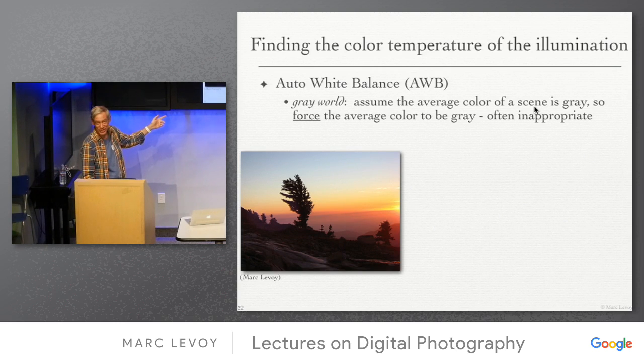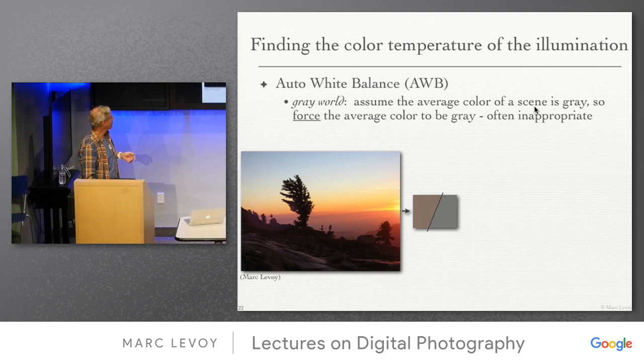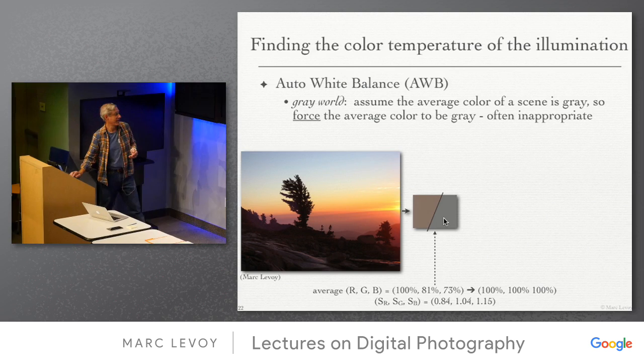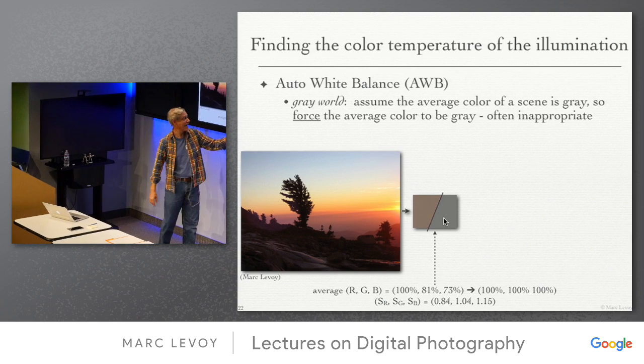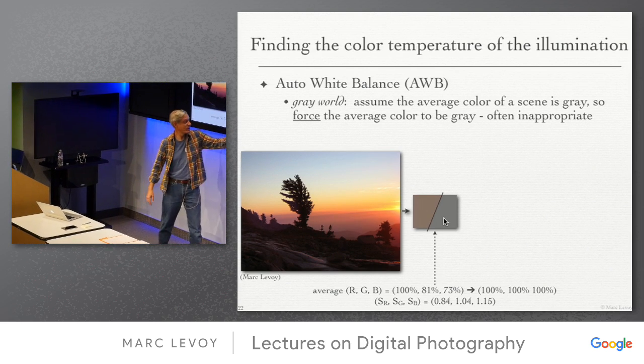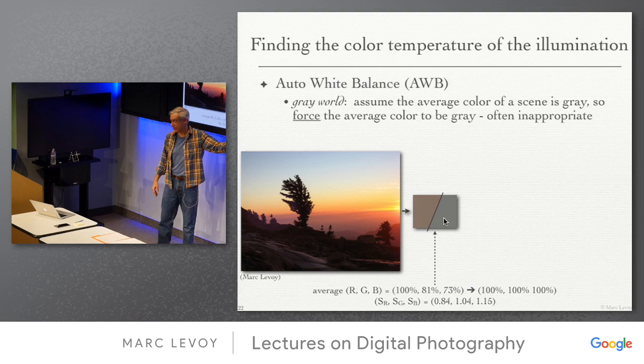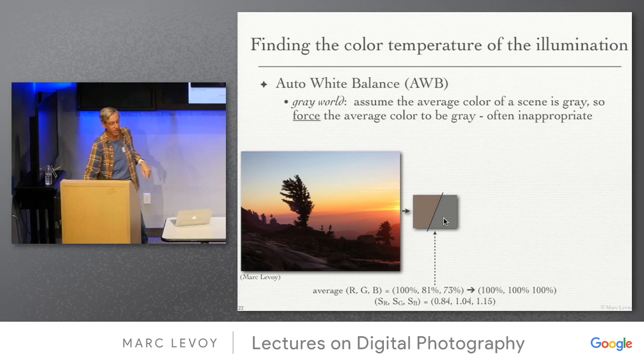I've deliberately chosen a scene where that's probably not a good idea, just to show you what it does. So here is the actual average color of that scene, and we're forcing it to be gray, so we're applying those scale factors, and here's the image that will result.